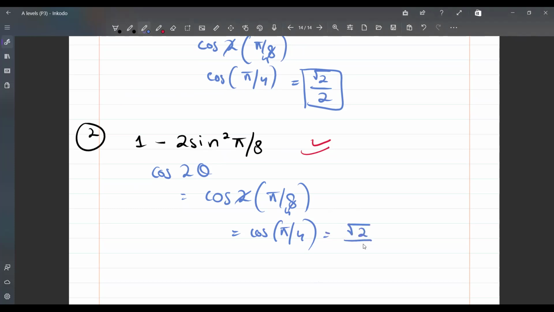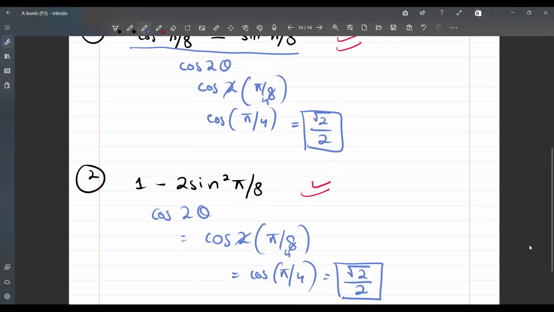Under root 2 upon 2, right? So these examples are just to give you an idea how identities work, how you have to think. You always have to be mindful of the identities that you have studied, and you always have to consider the possibility that the identity studied must be applying somewhere.